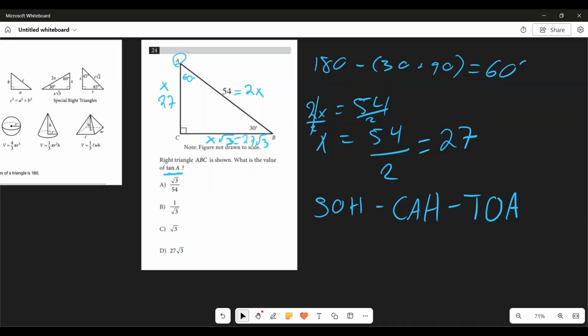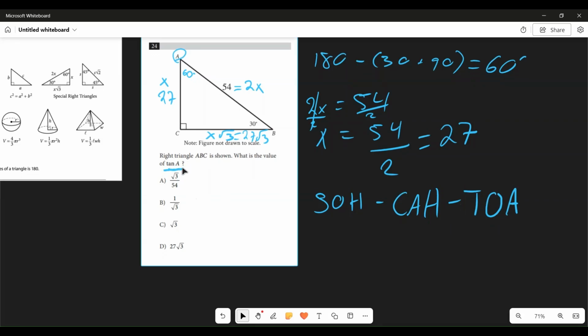SO stands for sine is opposite over hypotenuse, cosine is adjacent over hypotenuse, and tangent is opposite over adjacent. So with that being said, now we just need to figure out what the tangent is, because they're asking for tan A.